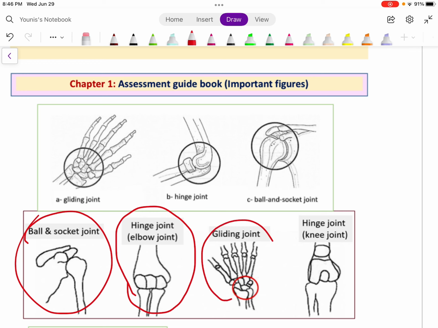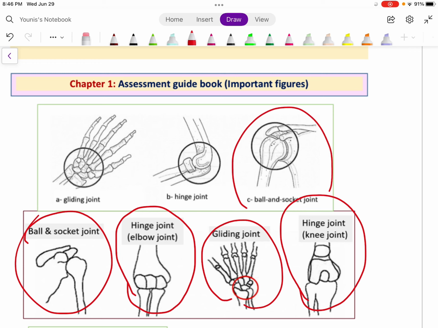And we have the hinge joint, the knee joint again. And we have the ball and socket here, the hinge joint, the gliding joint. So what I want you to know, you should memorize these figures, and some of them have come in the general examination. So try to know them all.